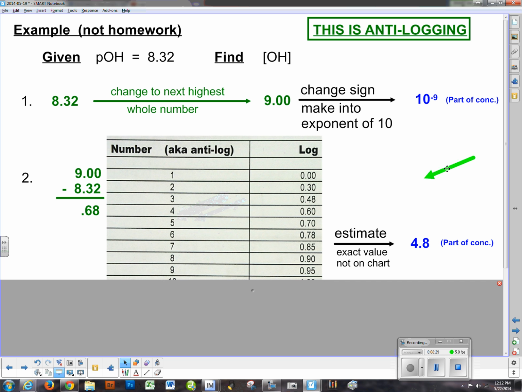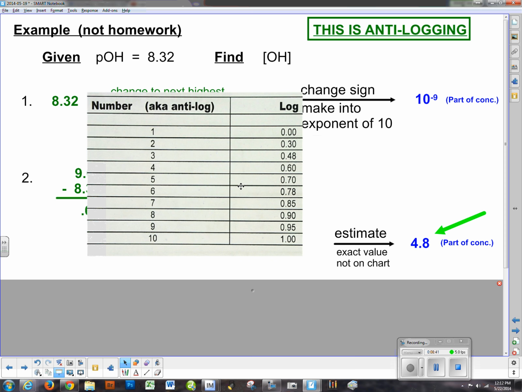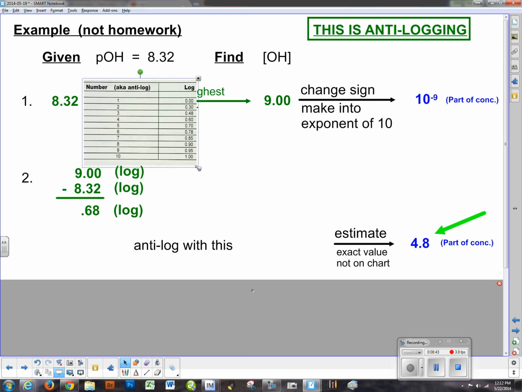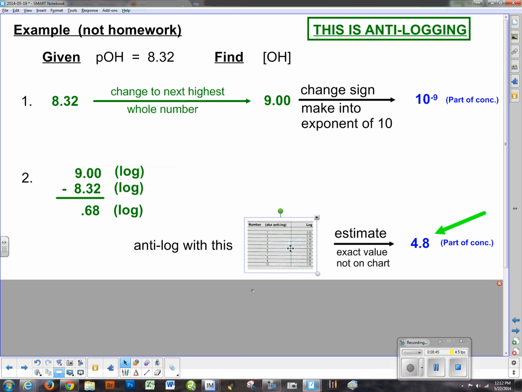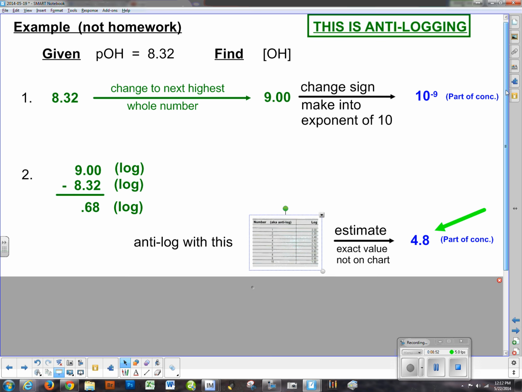It doesn't have to be exact. It's not going to be exact because you can't make it exact without a complete log table. But this works just fine. Any standardized test that you take, these numbers will get you close enough that you can answer the multiple choice questions. And so this little log chart of just the numbers from 1 to 10 is very, very useful.